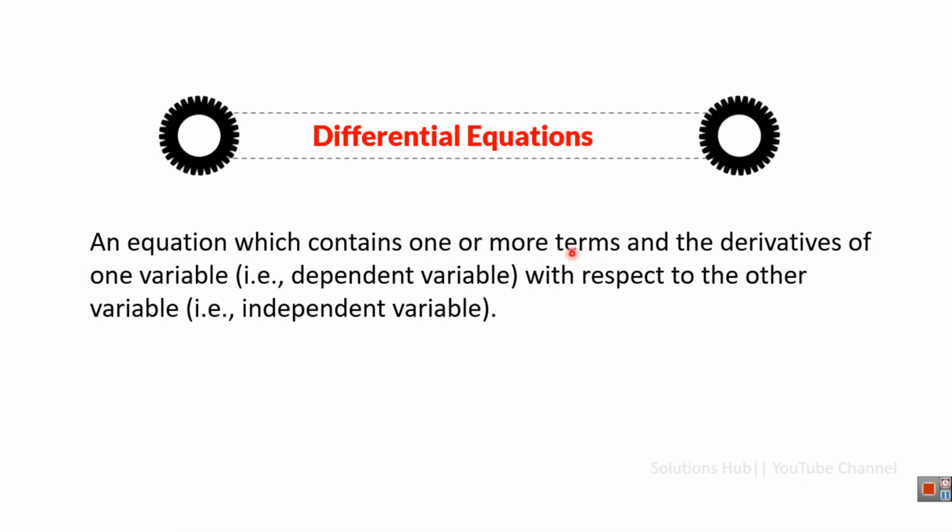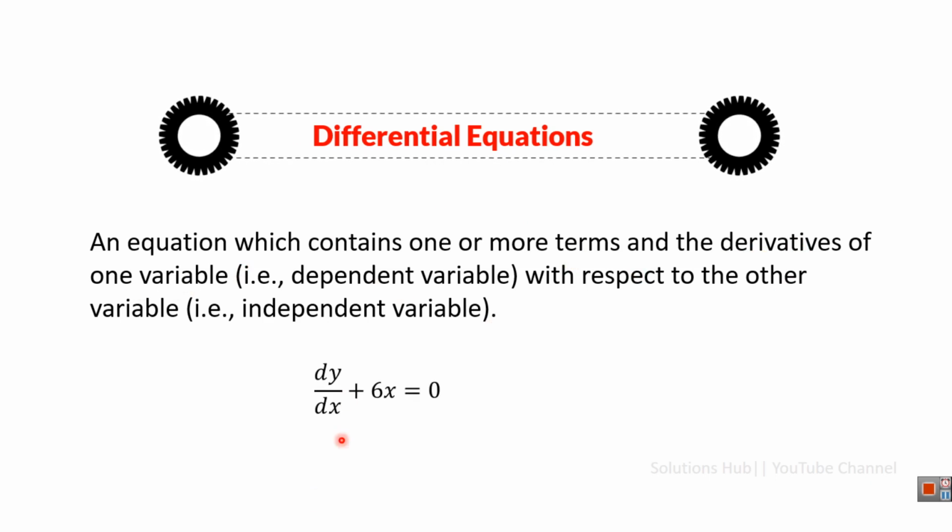That is, an equation involving some terms with the derivatives of one variable with respect to another variable, then that particular equation will be called a differential equation. So for an equation to be called differential, there must be some terms, which can be of many kinds as I have mentioned, and the derivative of one variable with respect to another variable.